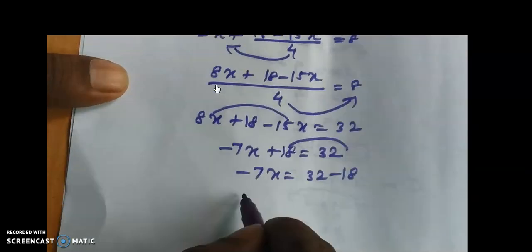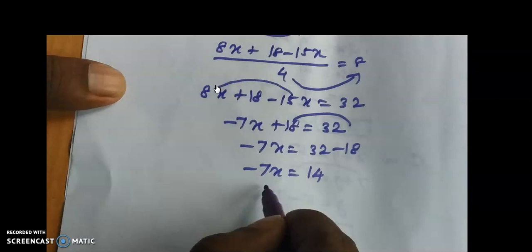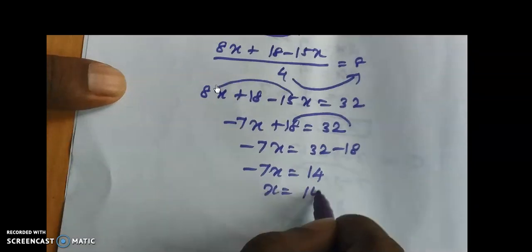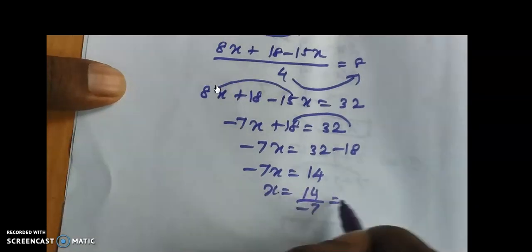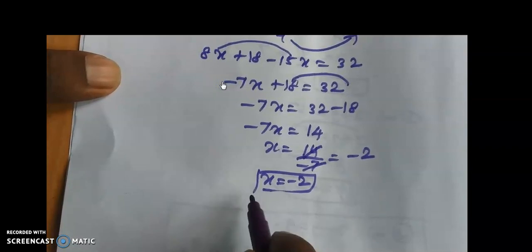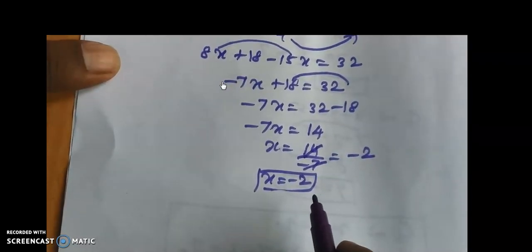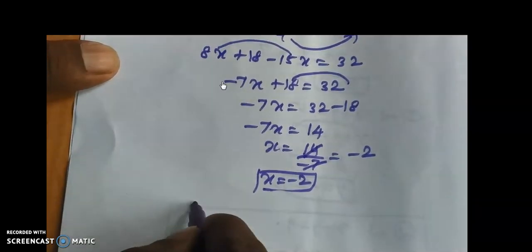So minus 7x equal to, if you subtract, we get 14. Right? Therefore x equal to 14 by minus 7. If you simplify this you will get minus 2. The value of x is minus 2. So after getting the value of one variable, you can substitute this in either equation 1 or 2. Now I'm going to take equation number 1.